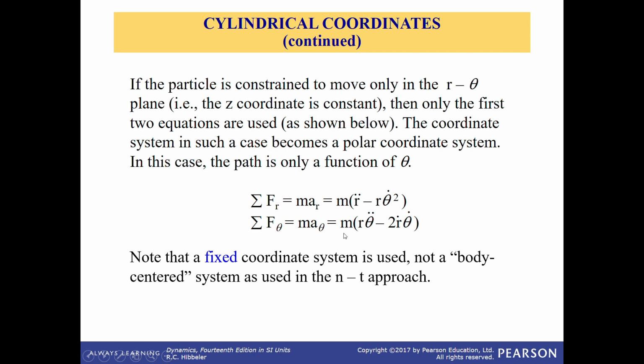The same for summation of F theta equal to m a_theta, which means m times r times theta double dot, the second derivative of theta with respect to time. So here the dot is actually with respect to time. Please remember this: when you see a dot, it is a derivative, or differentiation, with respect to time.